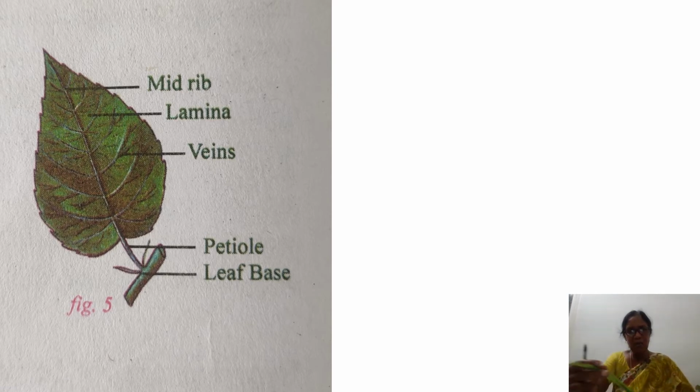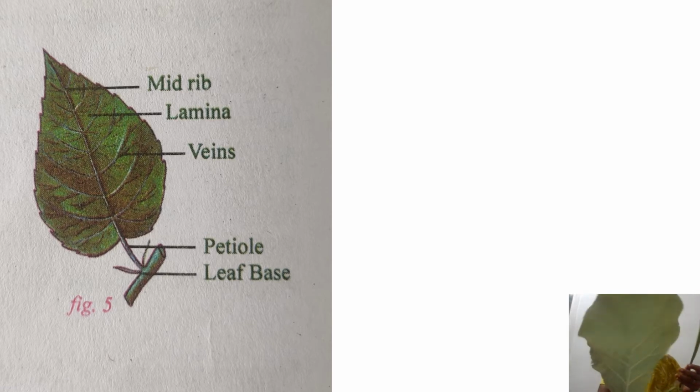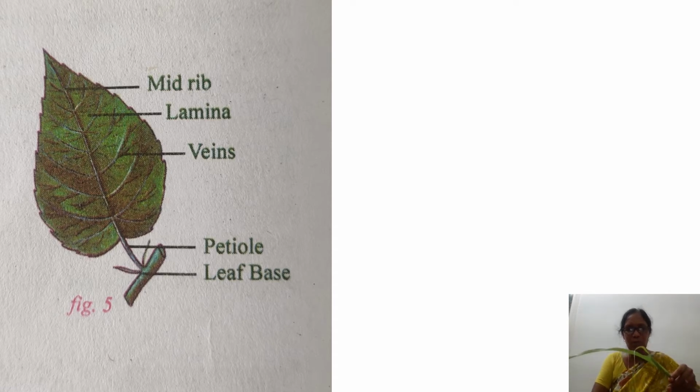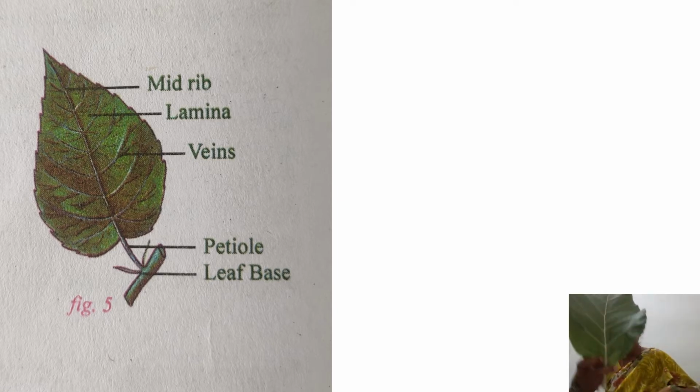It's narrow, isn't it? It's narrow. We find such leaves in dicotyledons plants. We find such leaves in monocotyledons plants.